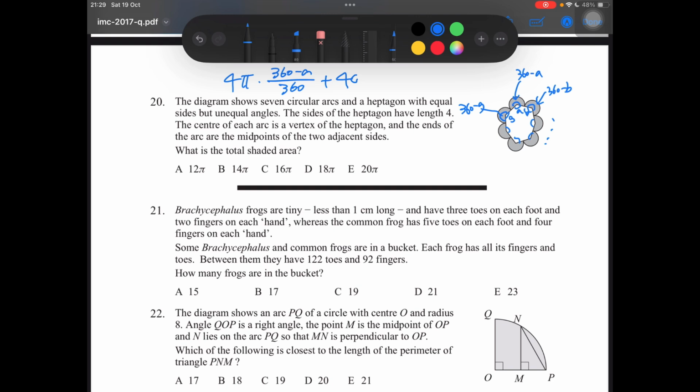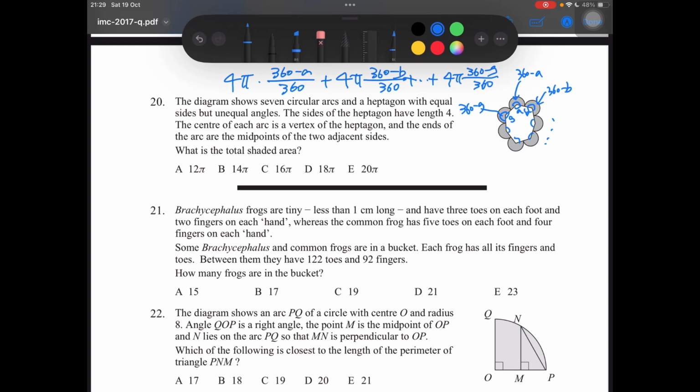Then 4 pi (360 minus B) over 360, blah, blah, blah. 4 pi (360 minus G) over 360.